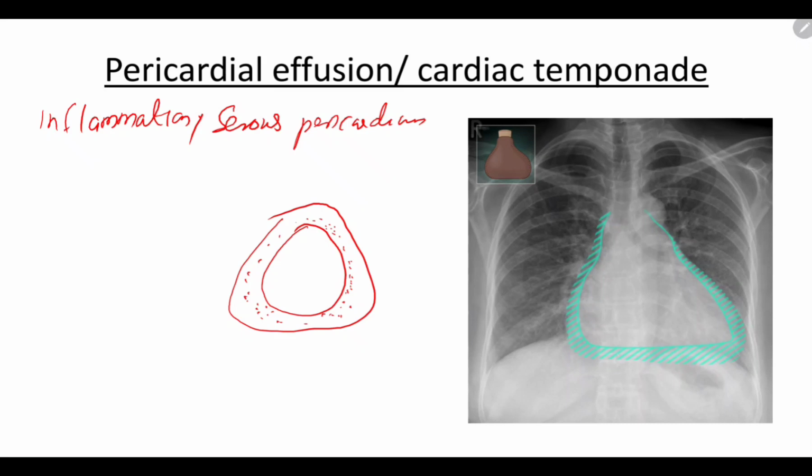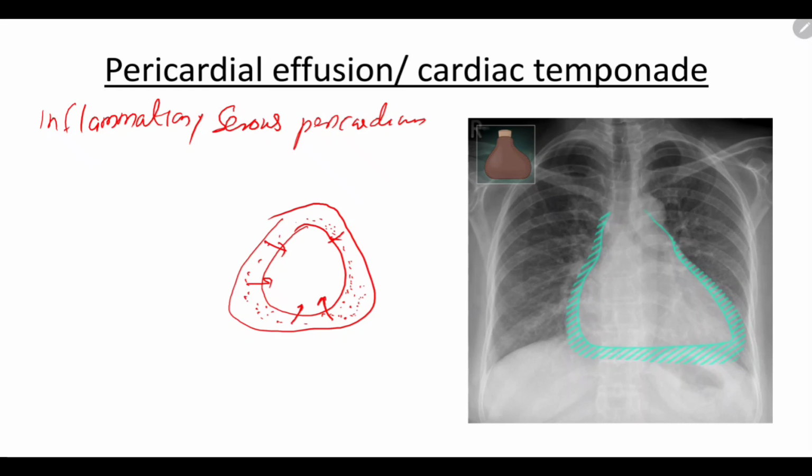The excessive accumulation of the serous fluid in the pericardial cavity may compress the thin walled area. So what happens if this area is filled with excess fluid? It compresses the atria. Atria are thin walled, and atria are the chambers which receive blood.